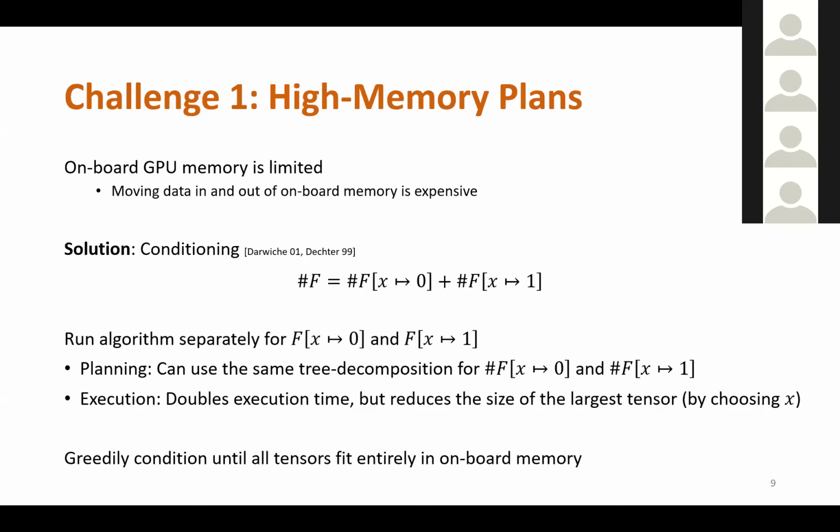And what that means is that we can just greedily condition on variables until all the tensors that we plan to consider will fit in onboard GPU memory. And so this was our first solution to the challenge of high memory plans. And this, in practice, works pretty well as long as you don't need to split on more than 5 or so variables.